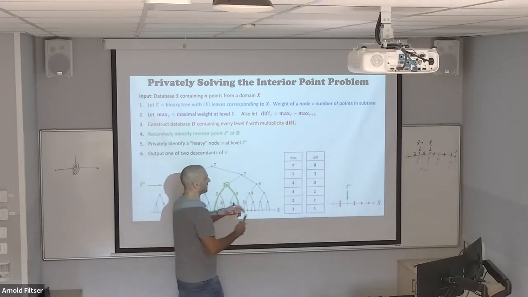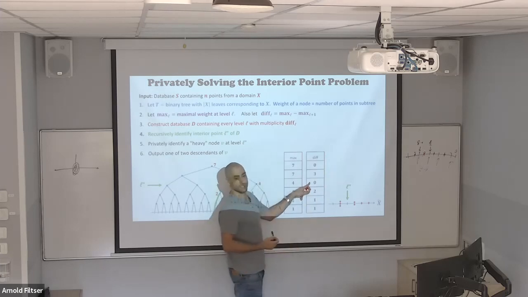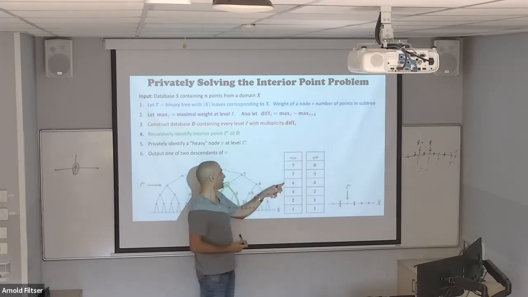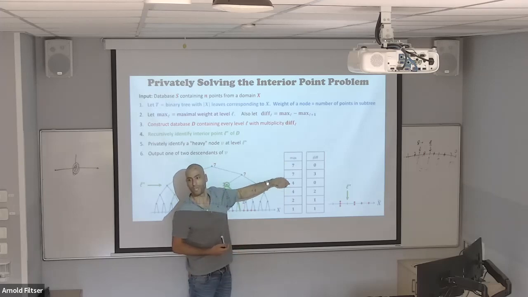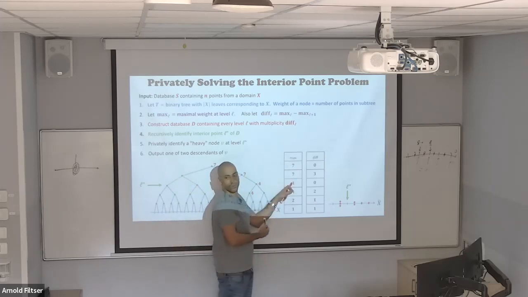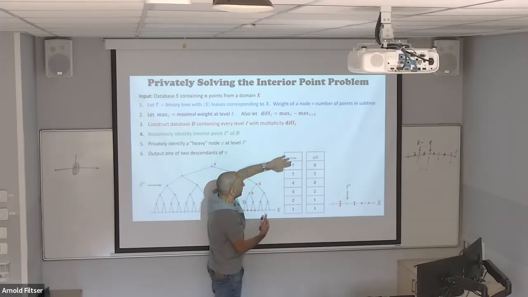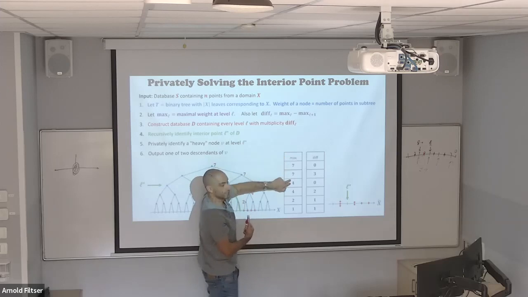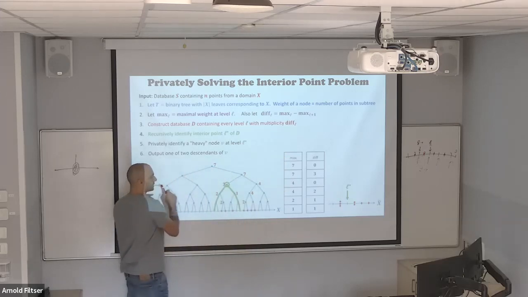What it means is that there are a lot of numbers written here in the differences table above the layer L star. What it means is that this cannot be n, because if that was n, all of these differences were 0. So there is a big difference between what's written here on the top, n, and the number here. So that means that there is a heavy node here.